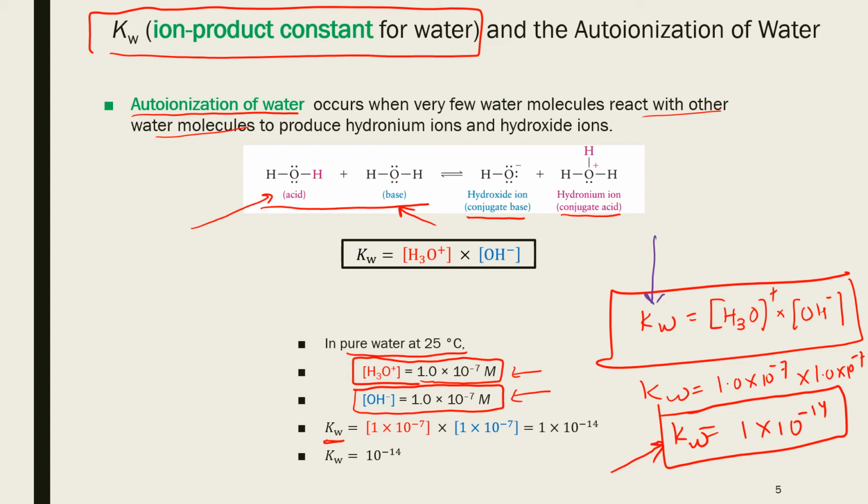So in case we know the value of H3O positive, it is possible to calculate the unknown value of hydroxide. So in other words, if one of the parameters, either the hydronium ion or the hydroxide ion, is given, it is possible to calculate the other value by applying this equation.